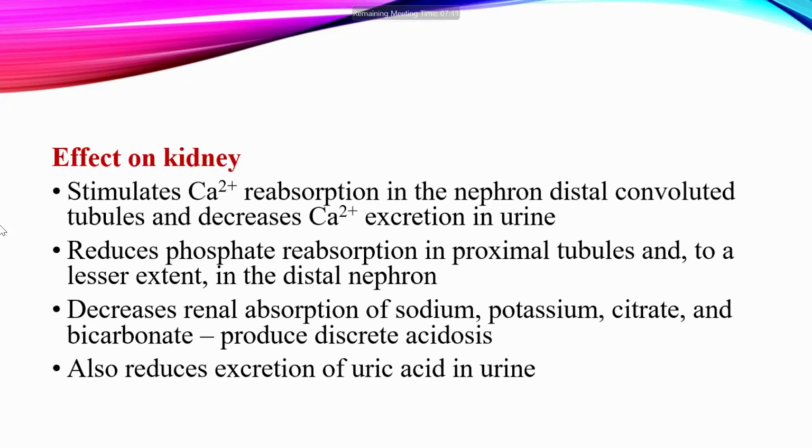And this absorption of calcium takes place in the proximal tubules, where it is absorbed along with the sodium. And 10% of calcium is reabsorbed from the nephron's distal convoluted tubules, and this absorption is influenced by parathyroid hormone.